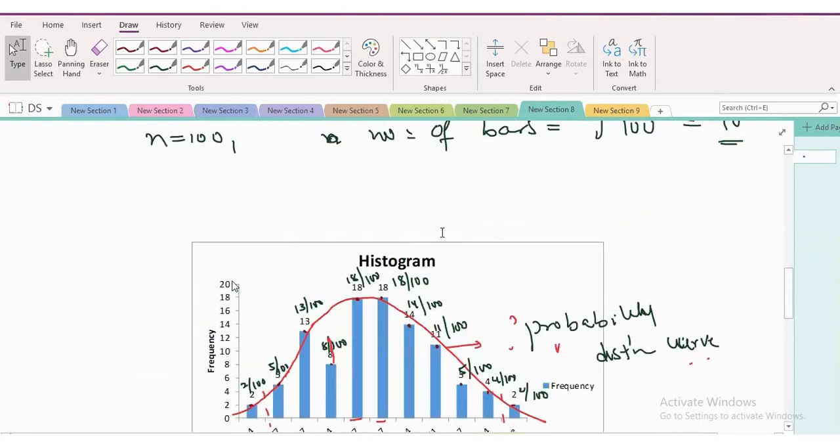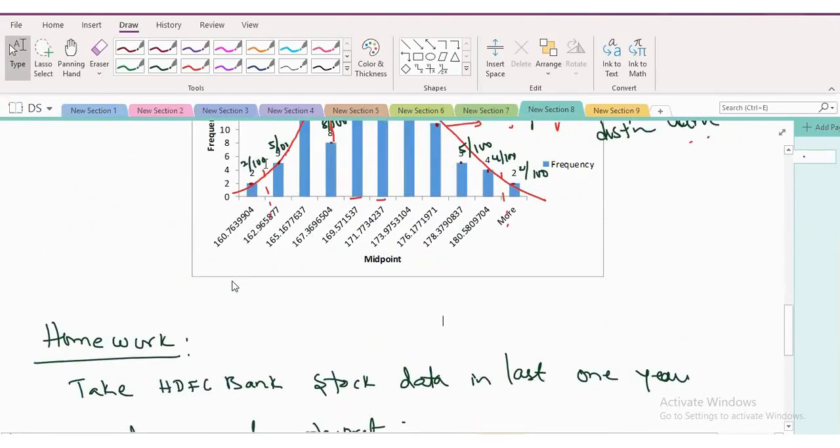Outliers, correct. So if I can come up with the boundary of these, I can find out the outliers using the histogram as well. What is abnormal? Abnormal is something happening very frequently or very less in frequency.